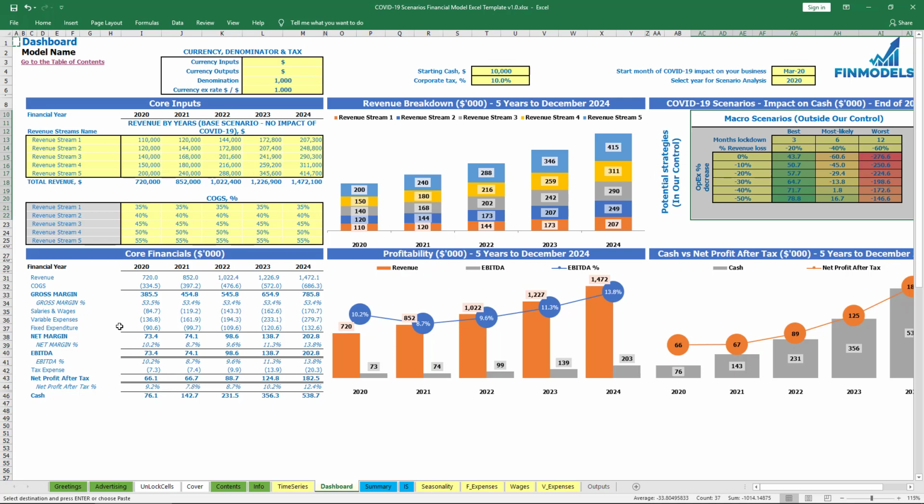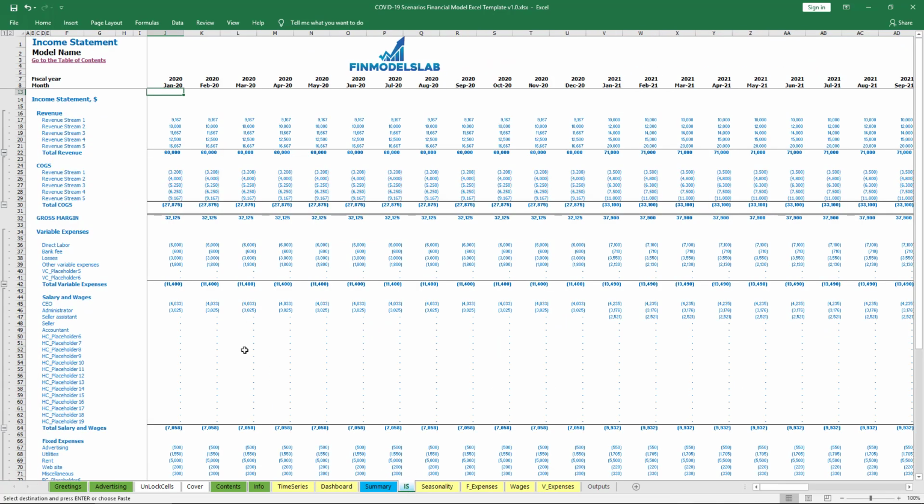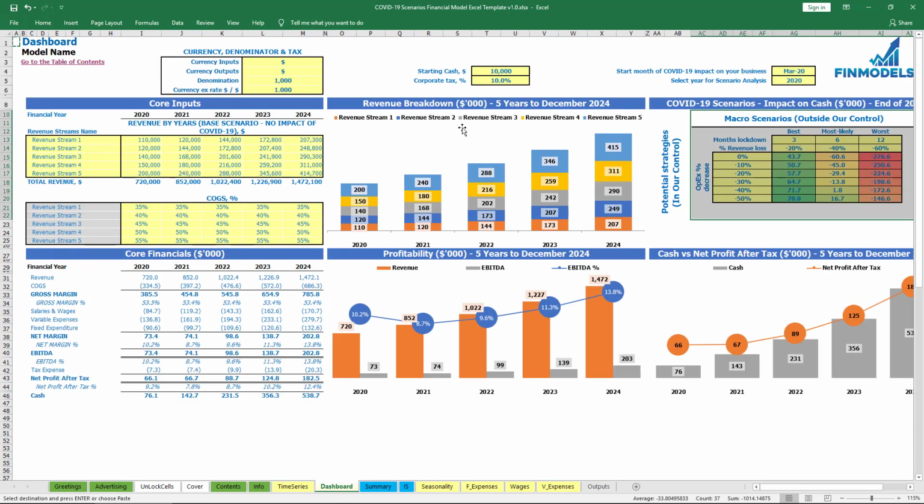Also you have here a simplified approach to estimate your cash balance. So we don't have any cash flow statement here. We assume that all your expenses and all your revenues are converted into cash in the same month. So the income statement is equal to the cash flow, and all we need to do is to enter our cash starting point, and thereafter the income statement will decrease or increase this ending cash point.